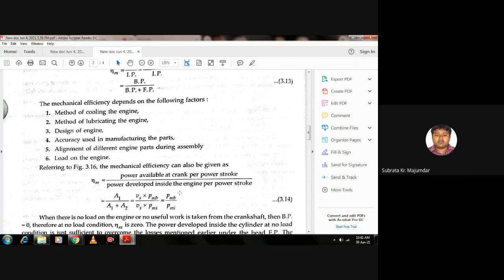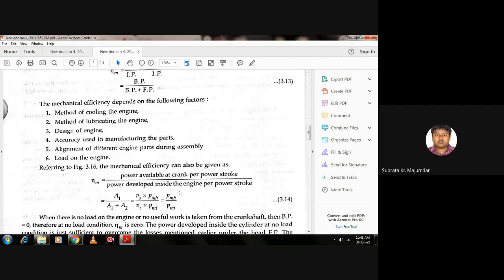Third, the design of the engine. Obviously, the design of the engine is another factor which affects the mechanical efficiency. Fourth, accuracy used in manufacturing the parts. It is a very common concept of manufacturing.